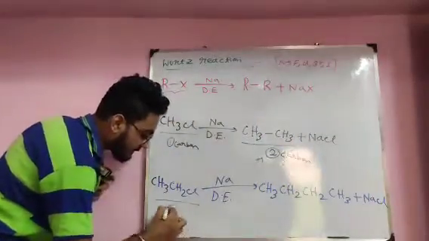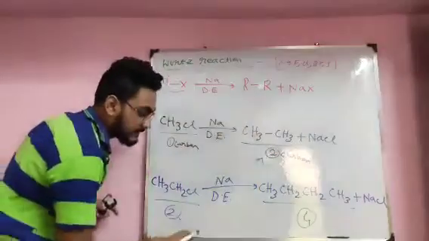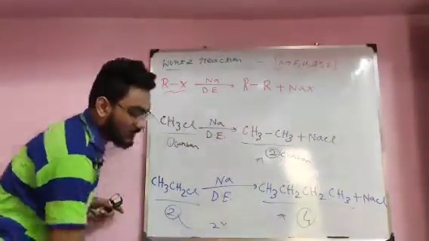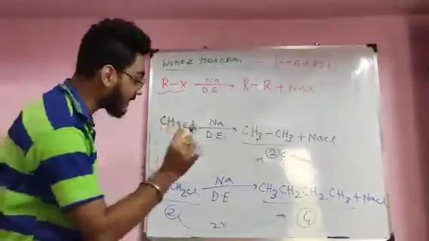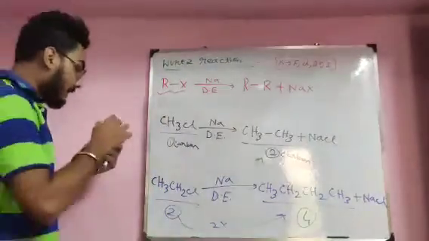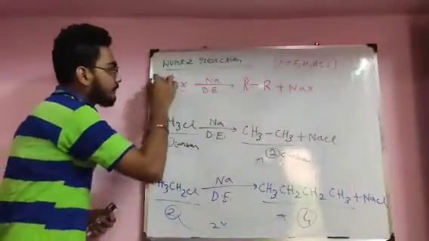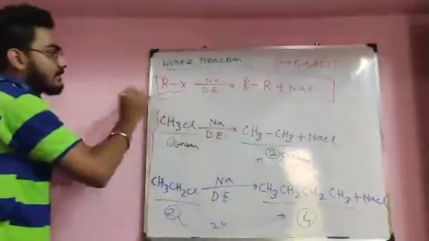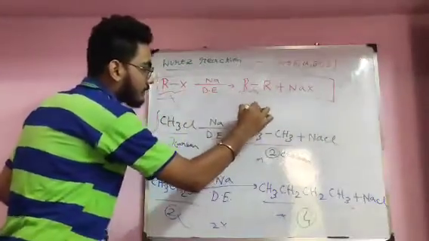Here 2 carbons are present, here 4 carbons are present. So in the Wurtz reaction, the carbon number will be doubled. This is the trick of the Wurtz reaction. If the reaction follows this formula, then the carbon number will be doubled.